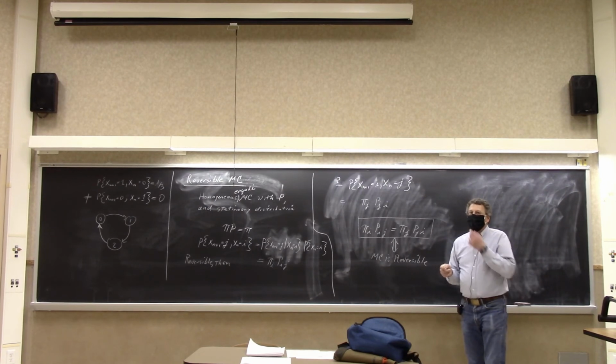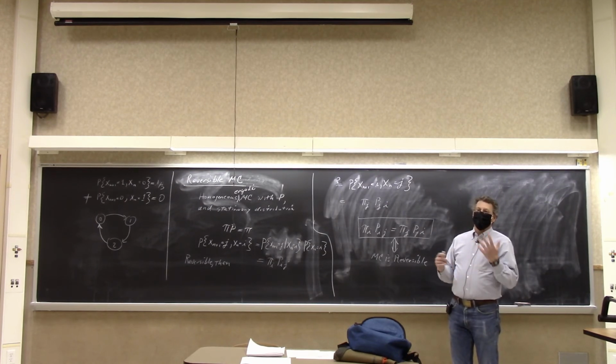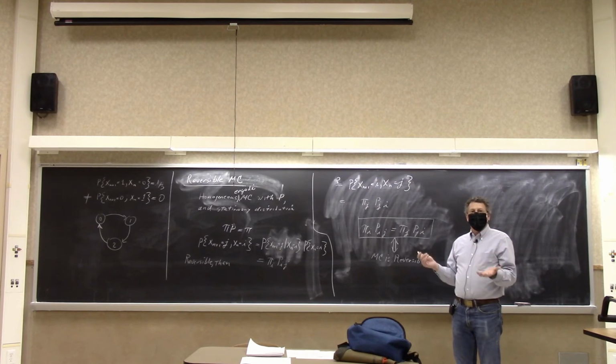Do all random processes look the same going forward and backward in time? No. A lot of very practical random processes look very different. If you take speech and reverse it in time, it doesn't sound the same, right?